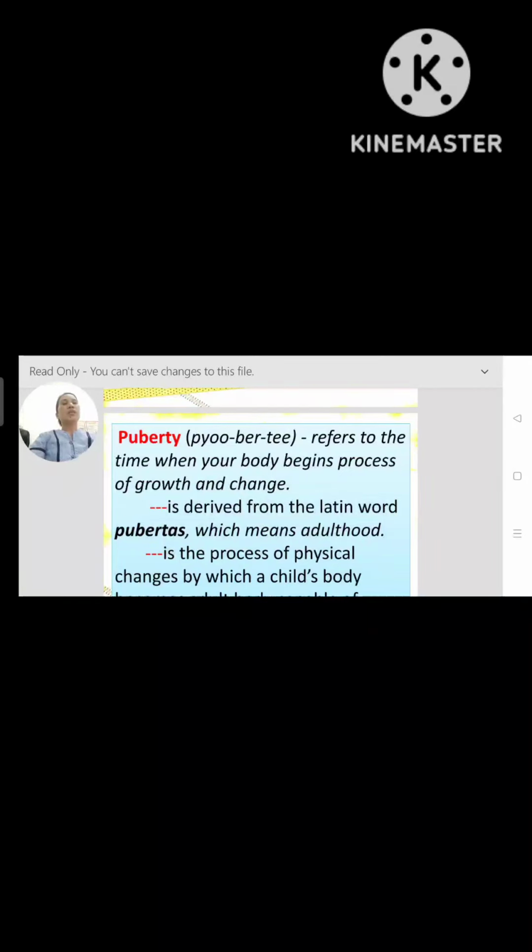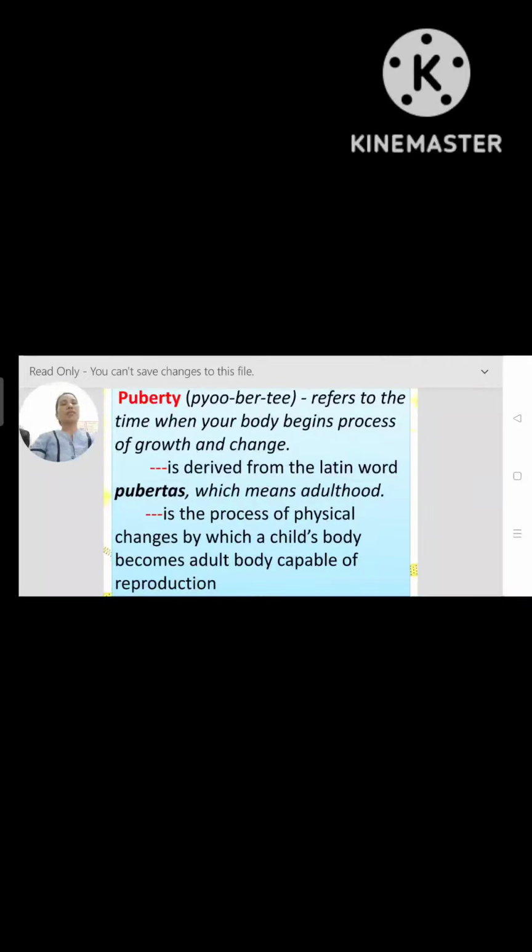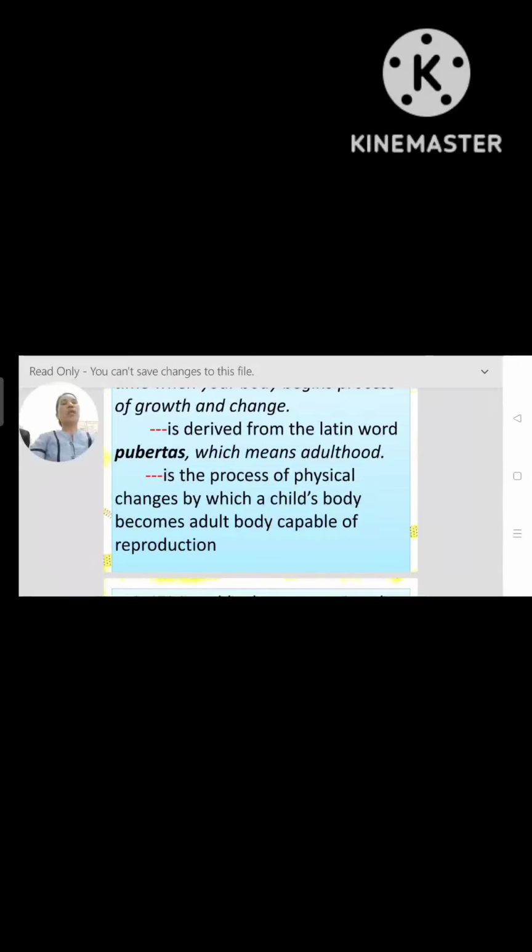Puberty refers to the time when your body begins process of growth and change. It's also derived from the Latin word pubertas, which means adulthood. It is also the process of physical changes by which a child's body becomes adult body capable of reproduction.